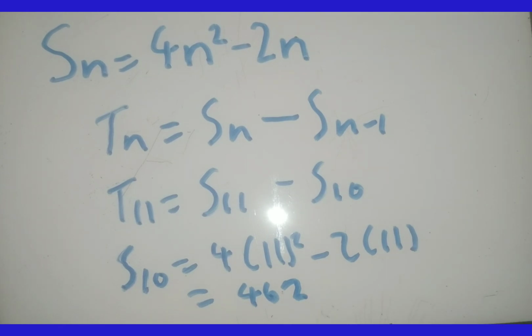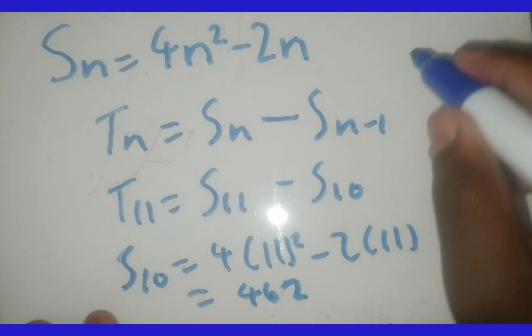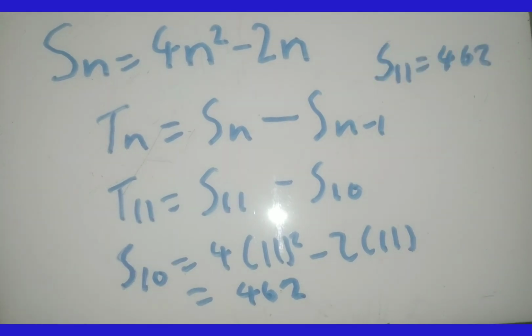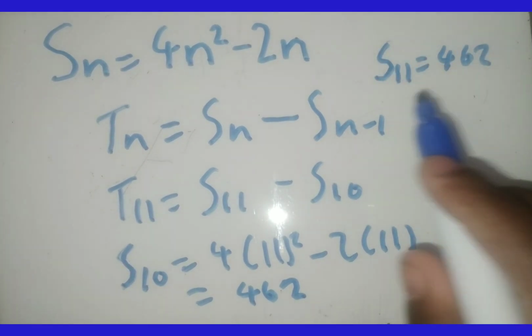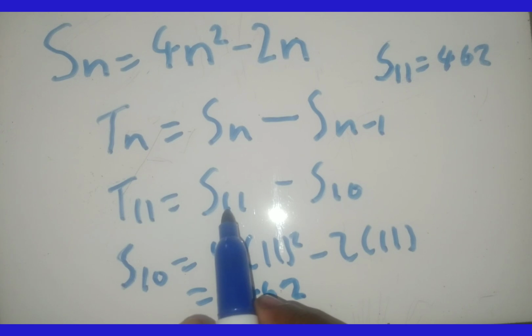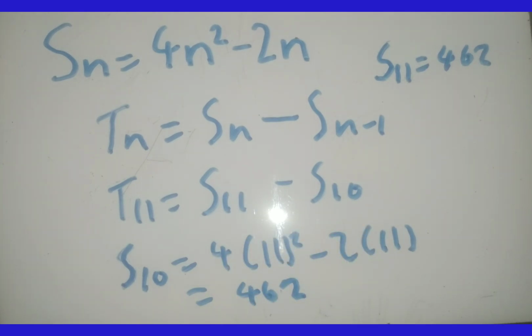So S11 is 462. Now let's find the sum of 10 terms, because in order to find T11, we have to say S11 minus S10.